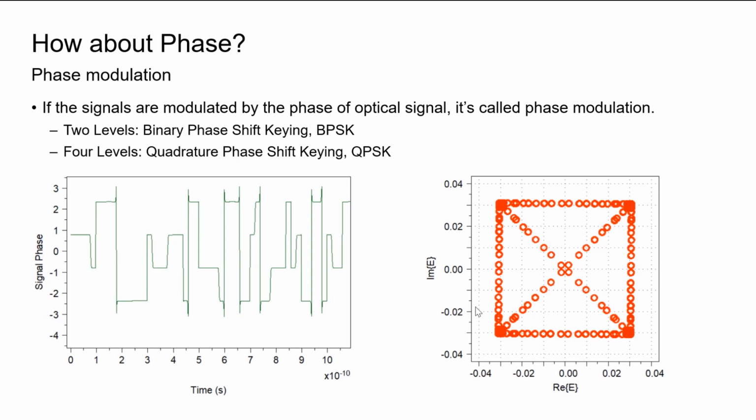So in this case, the signal is hidden in the phase of our optical signal with 4 levels, which we call QPSK. If we check the real part and imaginary part of this case, we have 4 major points in this constellation diagram here. So that is, we divide the whole phase region by 4 different points.